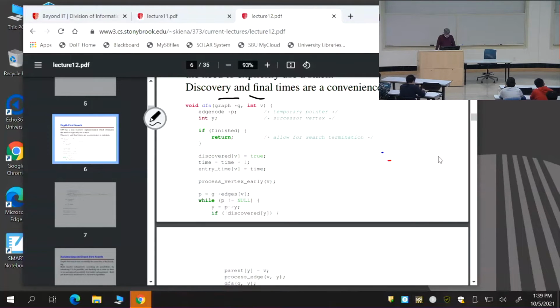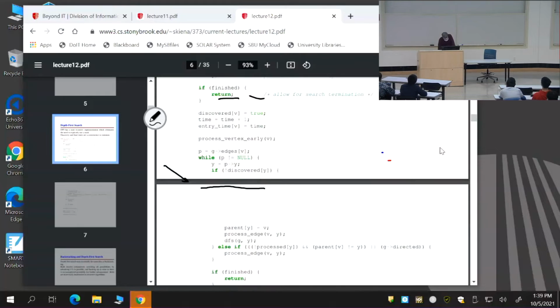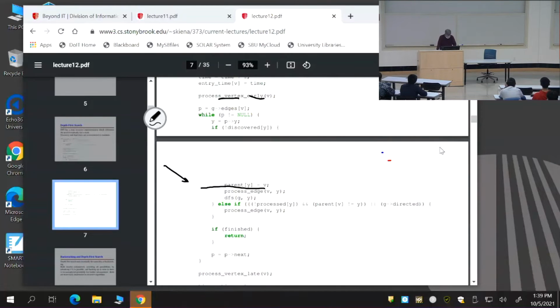The important point here is we're going to start visiting the vertex V. We want a first chance to visit V, so the moment we discover it, let's do some processing. That's cargo associated with it. More generally, what is the real step that's going on?